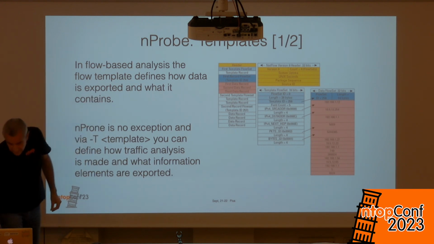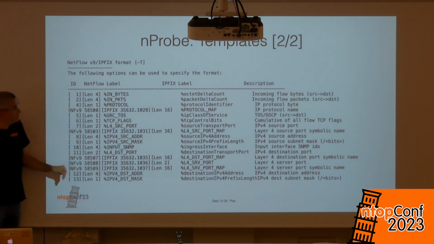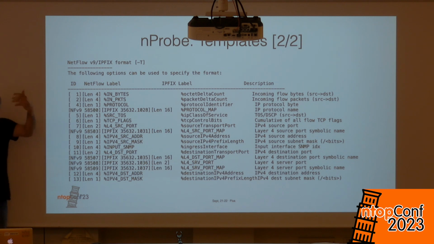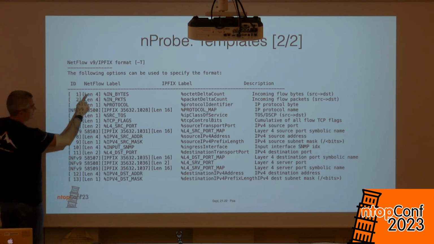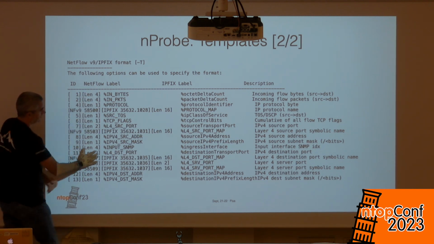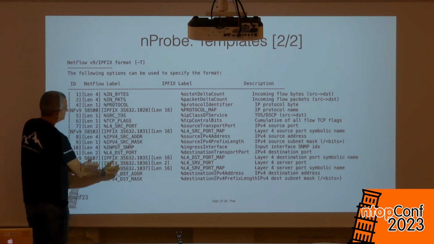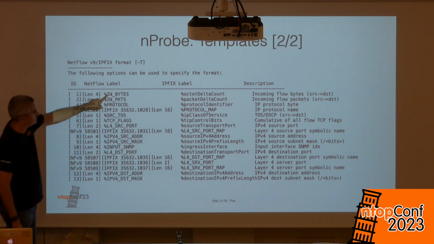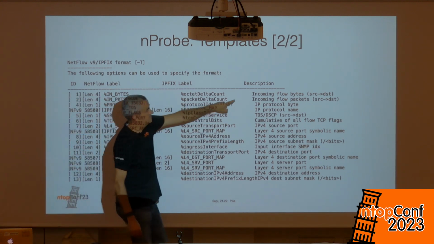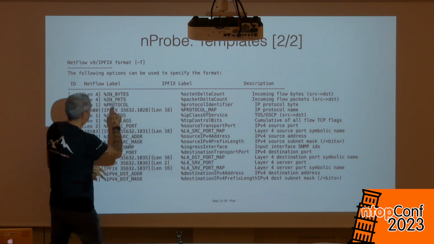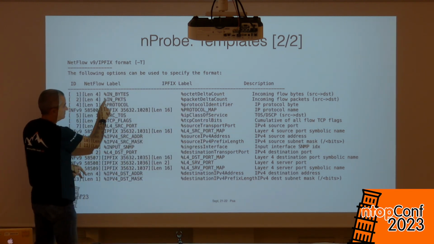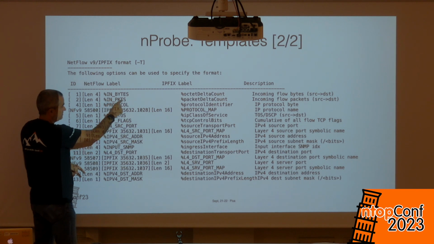How can you do that? In nprobe, when you type nprobe -h, it's a long help, and at some point it shows all the information elements. Besides technicalities that you can ignore, look at this label. If you want to export incoming bytes, you have to use %IN_BYTES, outgoing %OUT_BYTES, incoming packets, and so on.